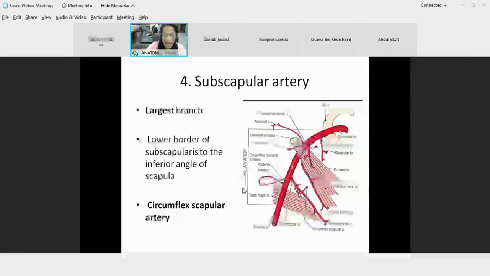In that, you will learn that this circumflex scapular artery is passing through the upper triangular space. Okay, that is about the subscapular artery.